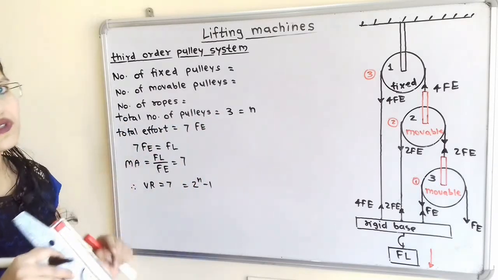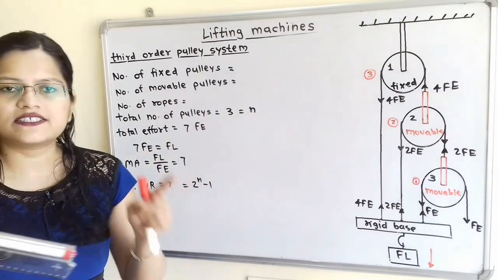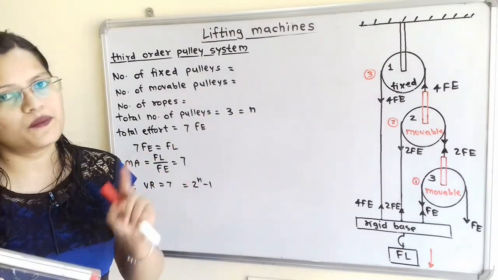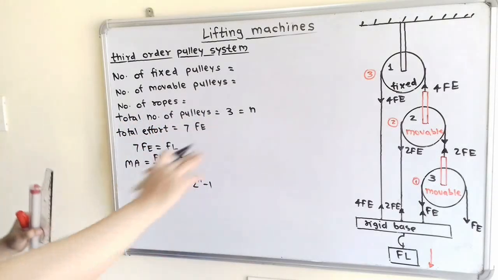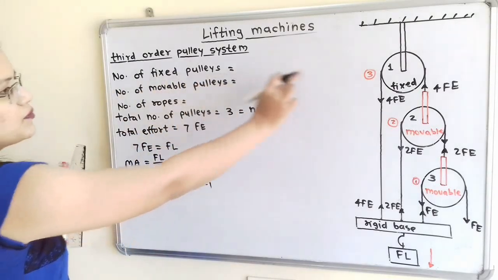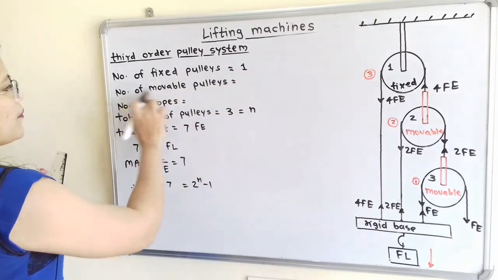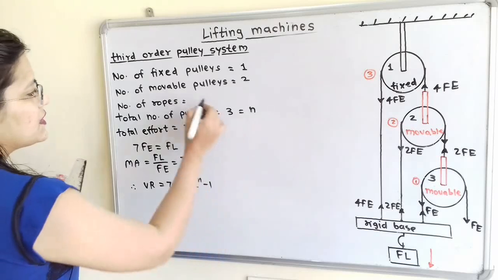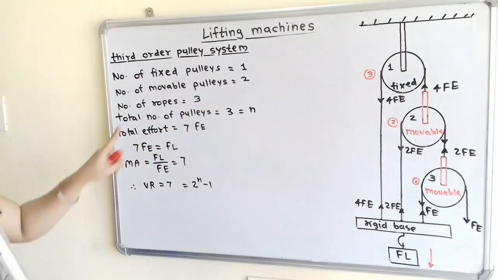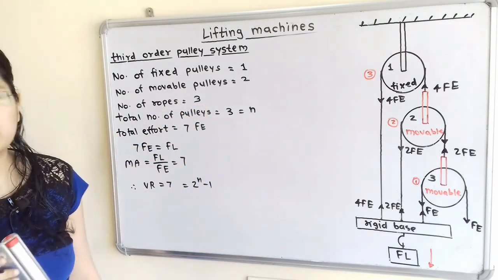In the previous 2 cases we considered n as the number of movable pulleys, but in this case we take the total number of pulleys. For this diagram, the number of fixed pulleys is equal to 1, the number of movable pulleys is equal to 2, and the number of ropes is equal to 3, which is equal to the total number of pulleys, n.